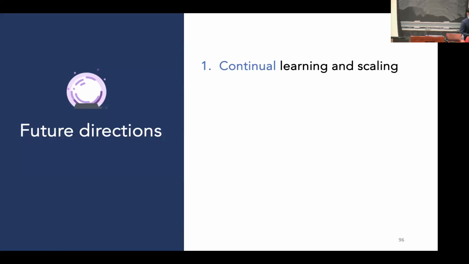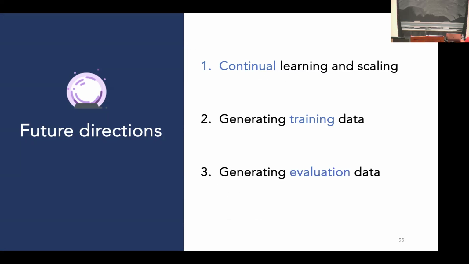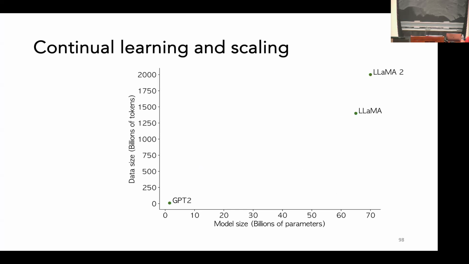My future directions in continual learning and scaling, generating training data, and generating evaluation data work towards this vision. So in the first direction, I'll first introduce this plot between model size and data size. Plotted a couple of open weights models here.